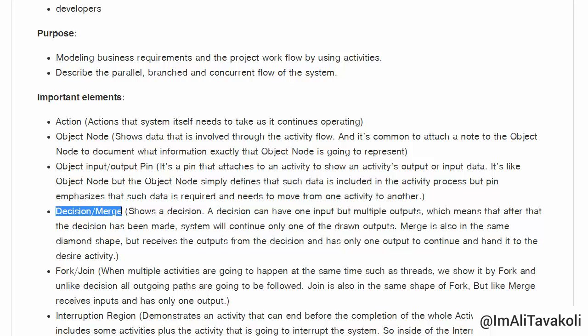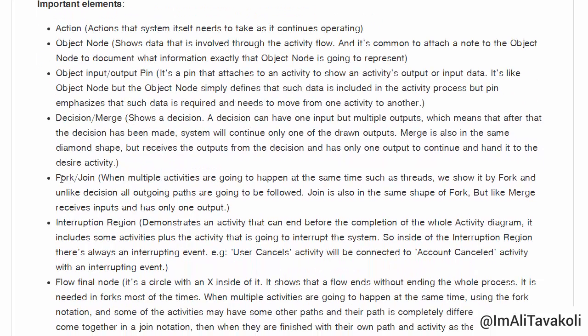So when a decision has been made, only one of the activity flows will continue, and after it is done with its actions and activities, it may come to a merge notation, and that merge notation's output will continue our activity flow and go to another action, etc. We will take a look at it in our activity diagram example later, so no worries. Let's go and see what fork and join notations are.